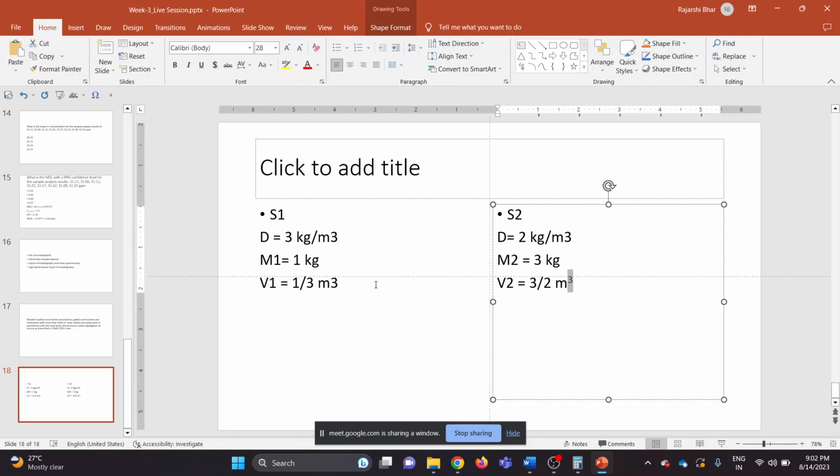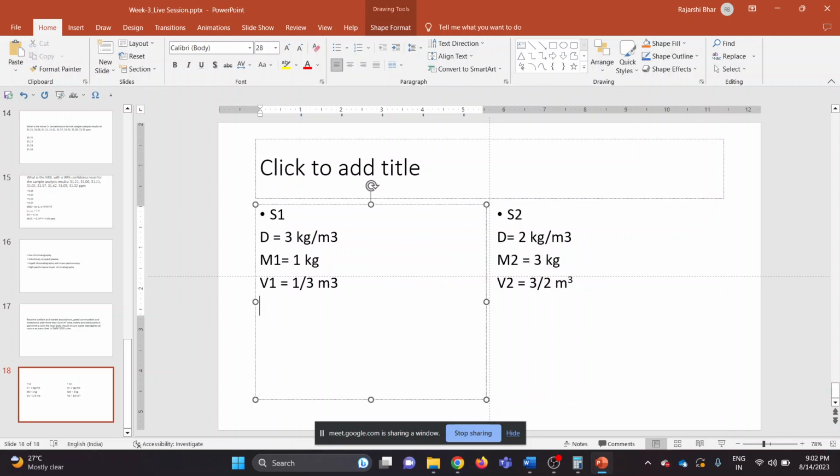And now after that it will be very simple. The total mass is equal to 1 kg plus 3 kgs, which will become 4 kg, and the total volume will be 1 by 3 plus 3 by 2.